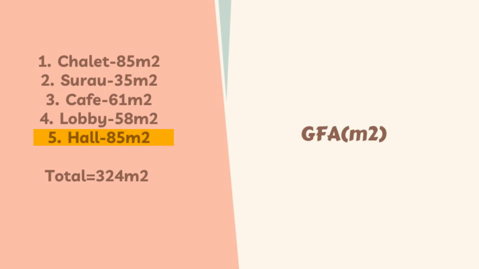So from this table, we can conclude that the chalet and the hall have the highest GFA and the surau the lowest GFA. So the total GFA for the 5 buildings is 324 meter square.